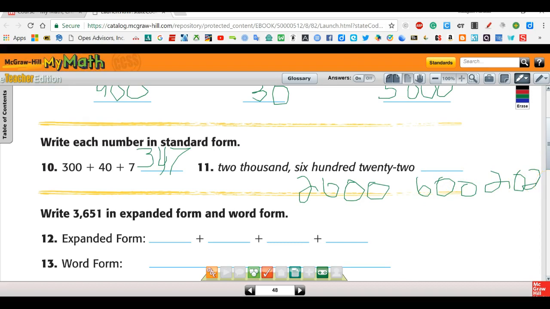Well, that's what it says. Oh, extended form. That would be what I just wrote would be expanded, but you just need plus signs in between. That's not it. I'm not writing that. So obviously I need 2,622. That would be it.